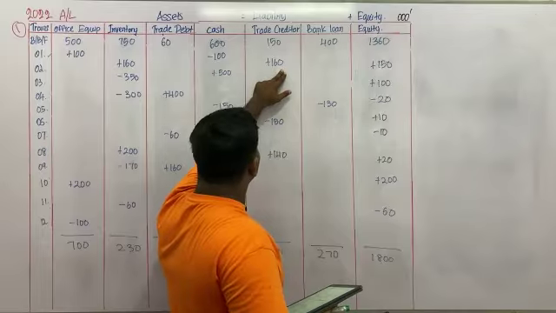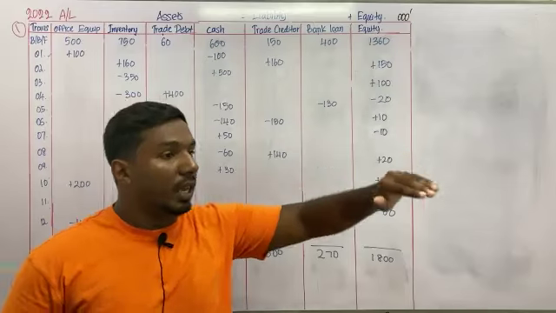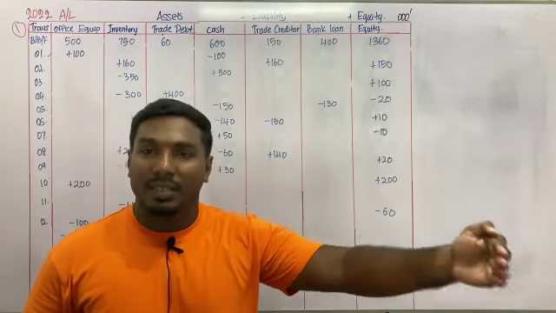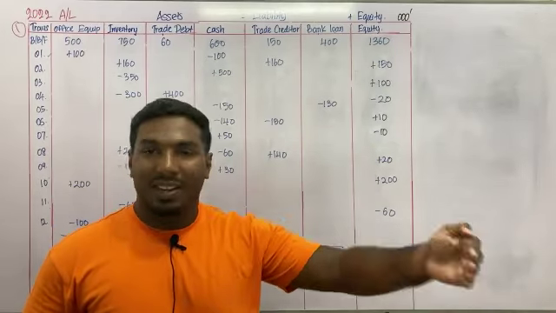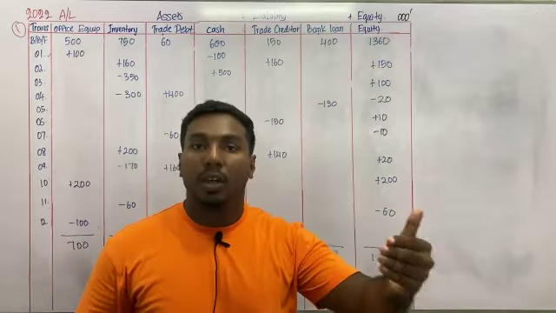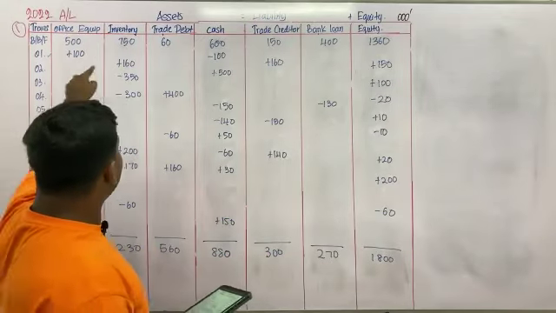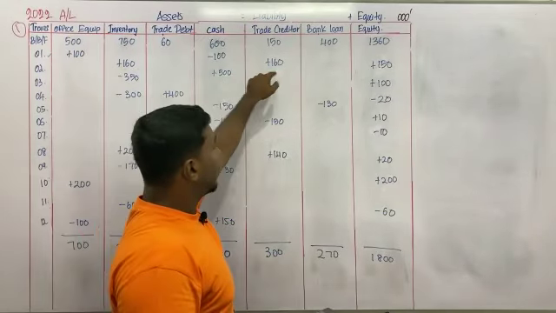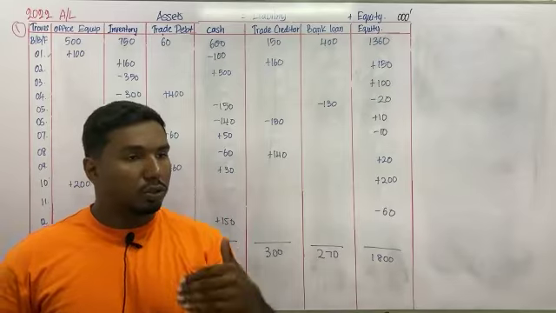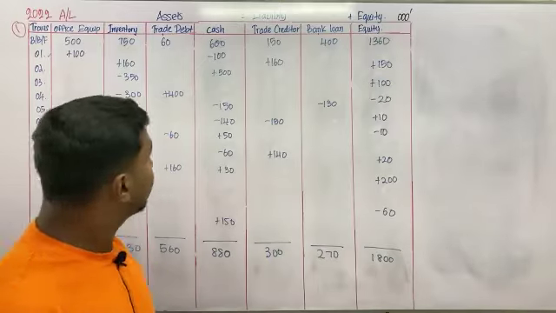Trade creditors increased 160, which means credit purchase of inventory or goods purchased on credit, rupees 160,000. This is the transaction. Goods purchased on credit, rupees 160,000.